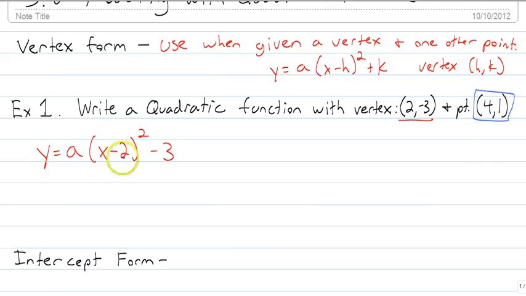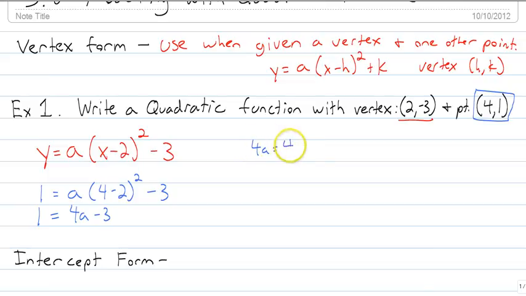Now we can use this point to actually find out what that a value is. I know that 4, 1 is also on this equation, so I'm going to plug in 4, 1. So I have 1 for y is equal to a times 4 minus 2 squared minus 3. Let's solve this. 1 equals 4 minus 2 squared, which is 2 squared, which is 4a, minus 3. I move the 3 over, I get 4a is equal to 4, which means that a has to be 1.